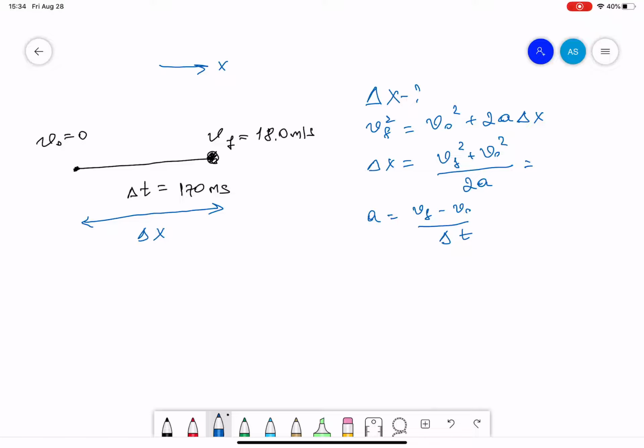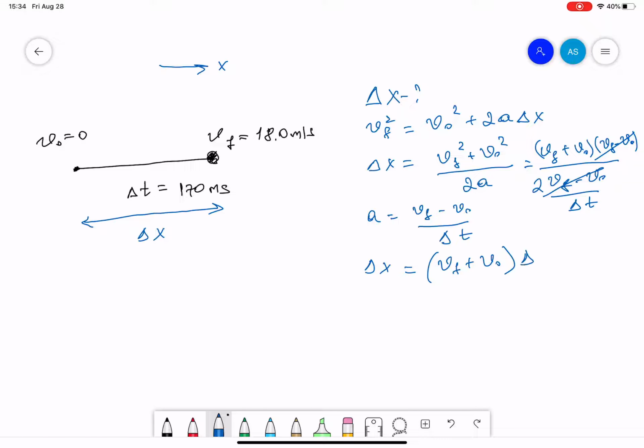If you plug it in, v final minus v initial cancels with one factor, and we still have the 2. That means delta x will be equal to v final plus v initial times delta t divided by 2.